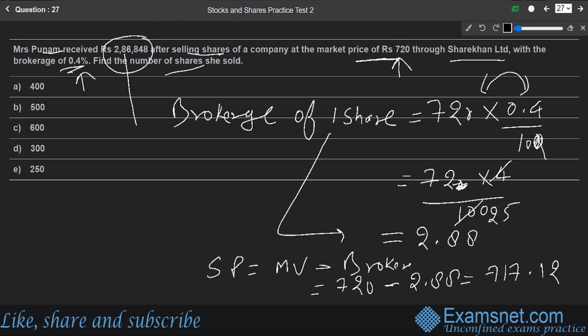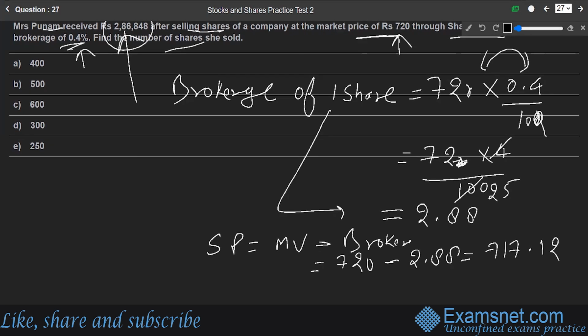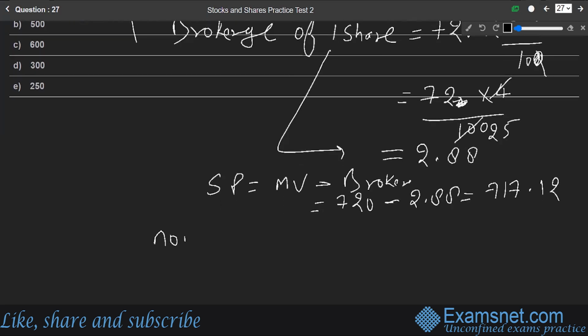How much is the income received? 2,86,848. So clearly the number of shares will be easily found: the number of shares is simply the income received divided by the selling price of one share.